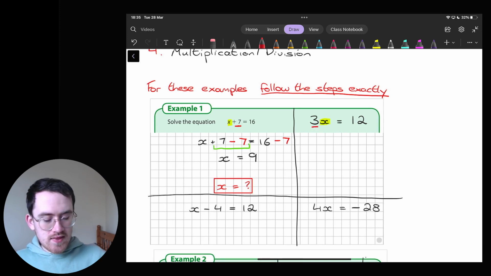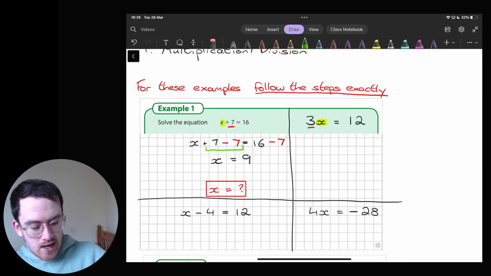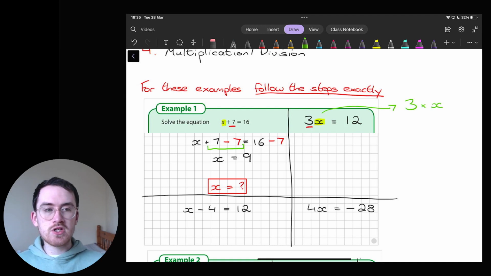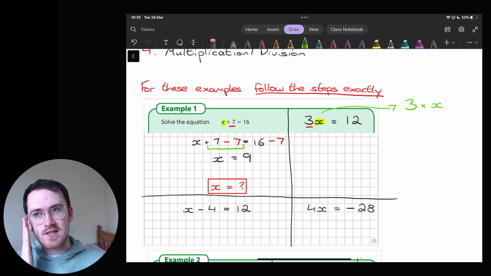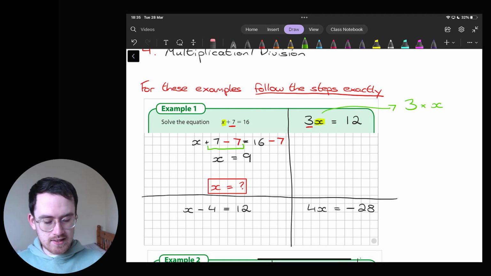This brings us back to our algebra, the first chapter of algebra that we did, and it's the idea that 3x is the same as 3 multiplied by x. We don't tend to write in that multiply sign because it just gets confusing, particularly with x's, and we don't need to. We defined 3x as meaning 3 multiplied by x.